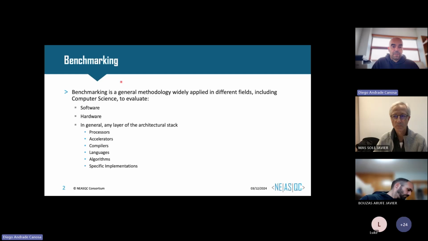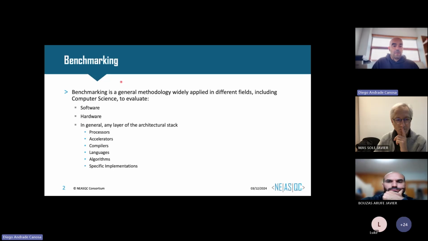Benchmarking is a general methodology which is widely applied in different fields, including also computer science. And in computer science, we are going to evaluate both the software and the hardware performance. And in general, if we focus on the architectural stack, and if we go from the hardware level to the software level, we are going to start with the hardware devices that we are using, and they can be a processor or accelerators such as GPUs.